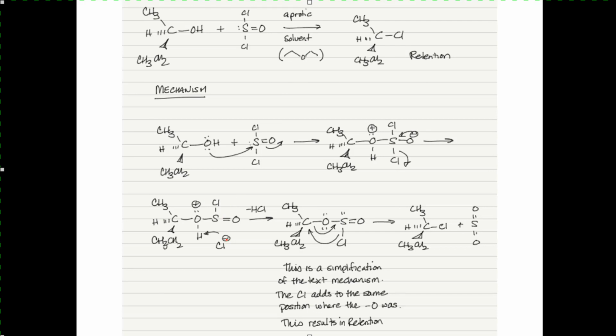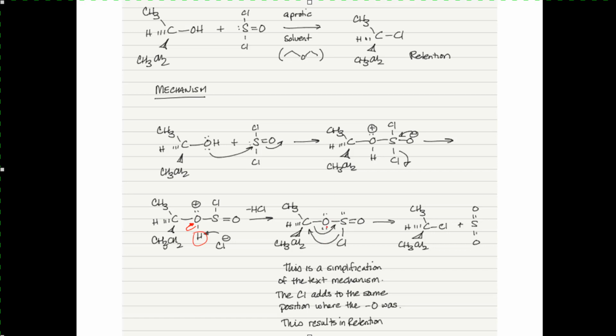Now the Cl- can come in and grab this hydrogen and have this pair of electrons go back to the oxygen so that I can form this species. So this chlorine removed this H plus and left that oxygen now neutral.